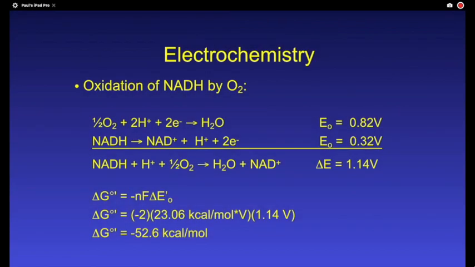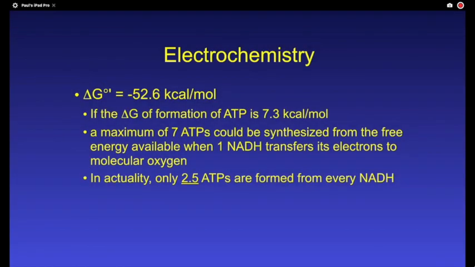Another example would be this. If by chance I took NADH and donated the electrons to oxygen directly, that's a huge change in voltage, and you would have potentially minus 52.6 kilocalories per mole. Now that's a huge number. Let me show you how huge it is.